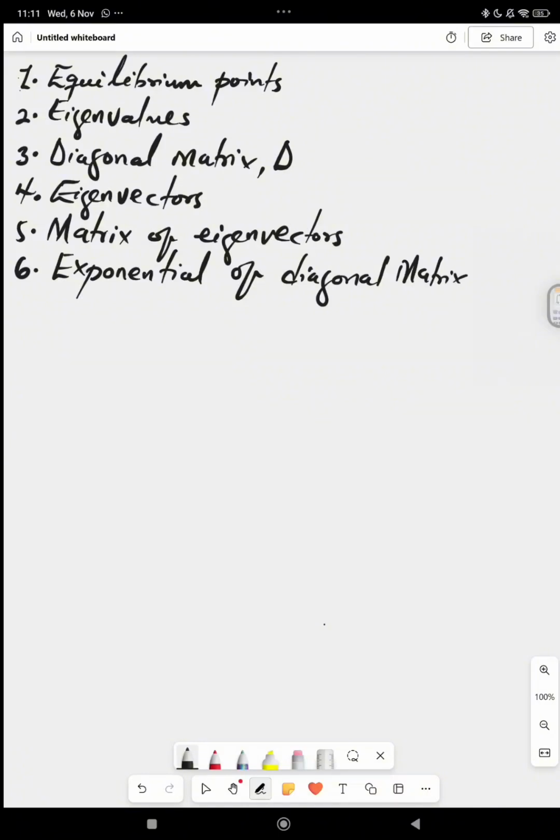So these are the six steps that you're supposed to take to solve for the solution of the system.